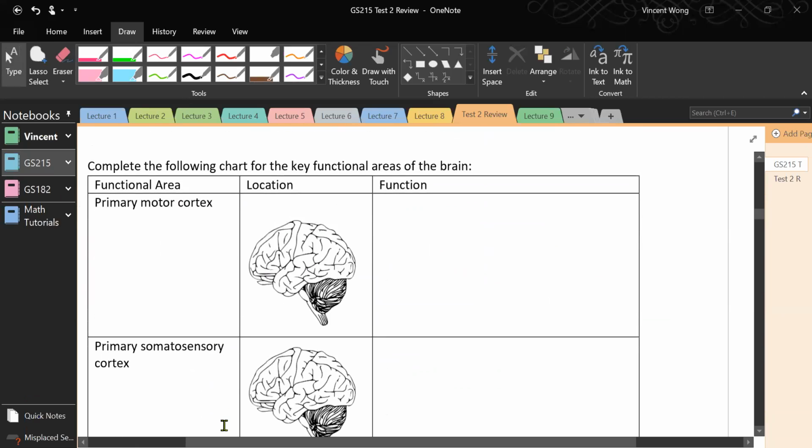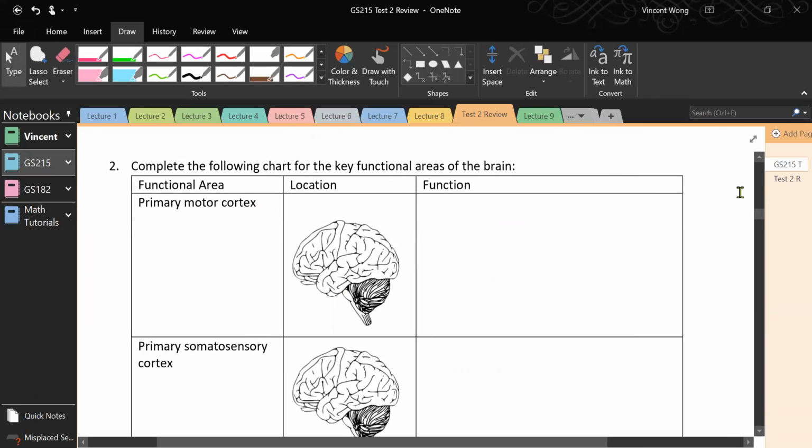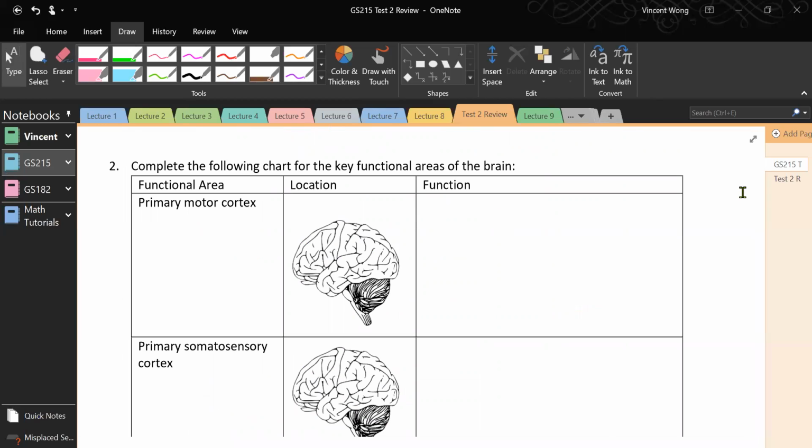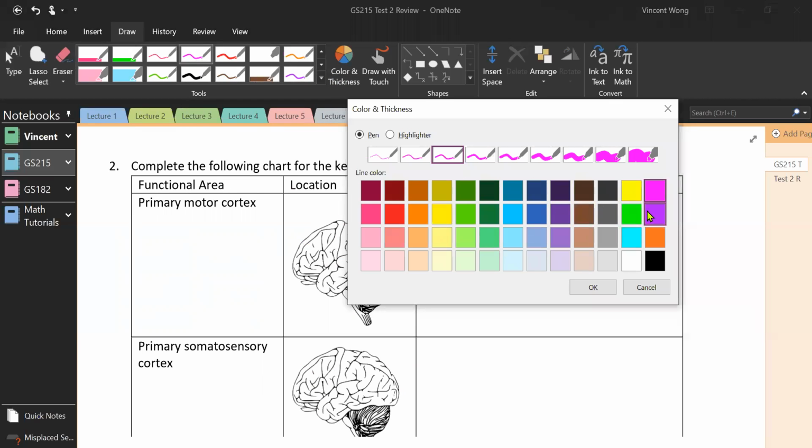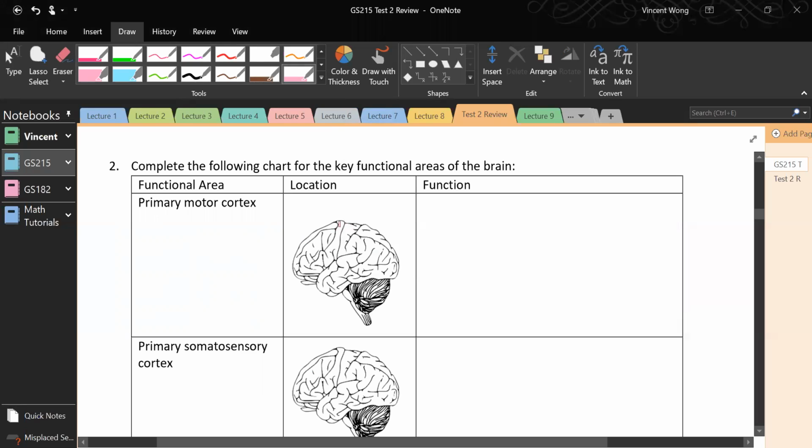Okay. Next part here, we are supposed to identify the key functional area that is being mentioned, and we're going to talk about the function. So primary motor cortex. Let's highlight that on our diagram here, on a nice brain right here. That would be the primary motor cortex, right?